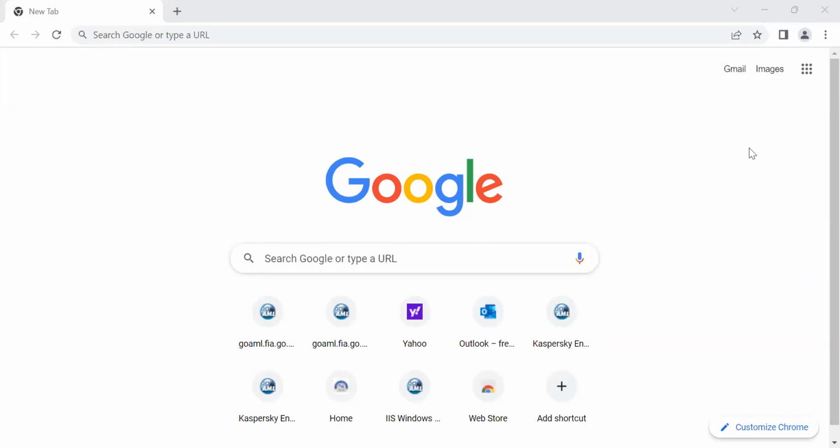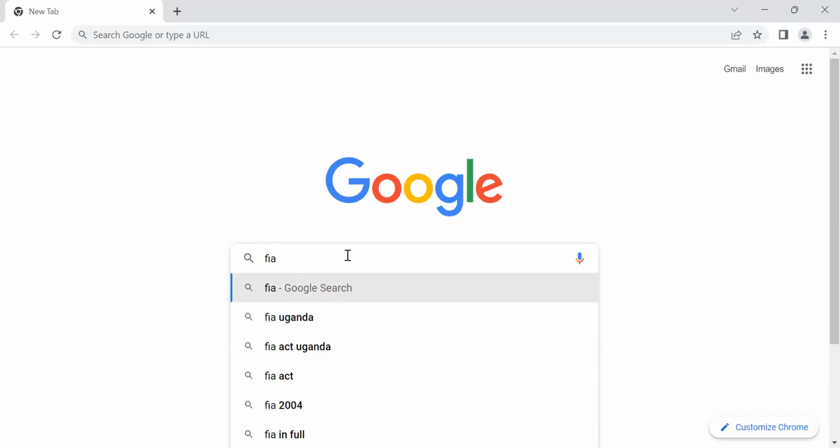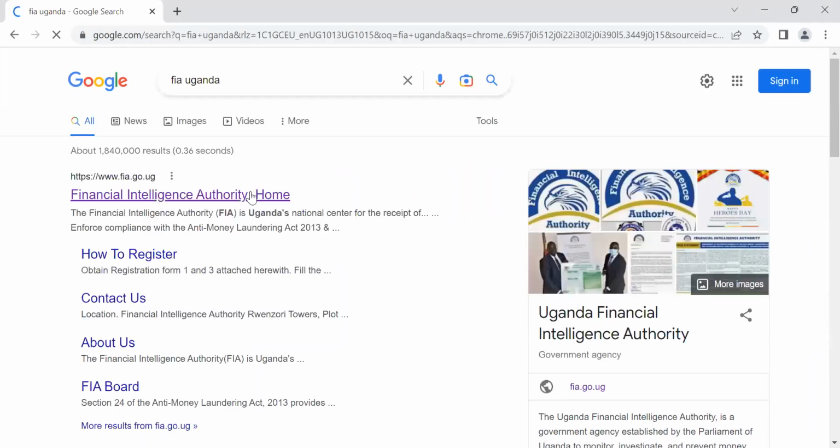All right, so just go to the FIA website. If you don't know it, you can just type FIA Uganda in Google, and then you come to our website.